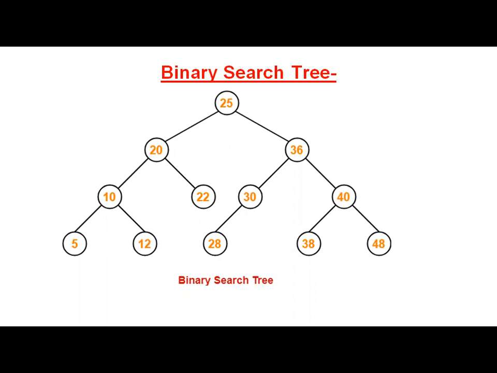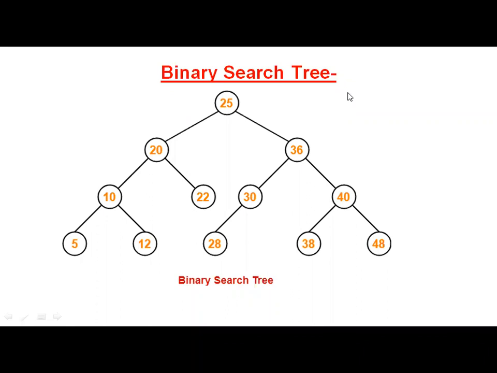Yeah, any response? In-order traversal for this binary search tree. Yes, I got one answer from Sagar. Okay, so all are in increasing order: 5, 10, 12, 20, 22, 25, 28, 30, 36, 38, 40, 48.